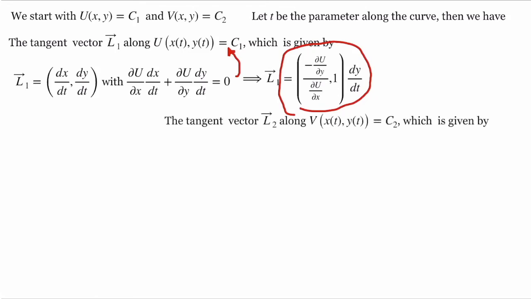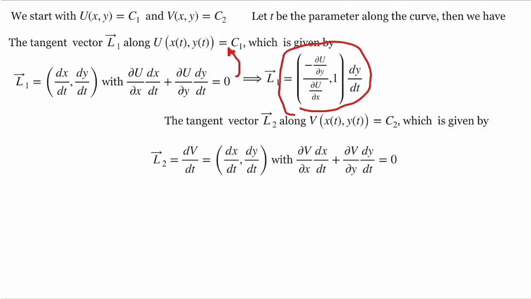Same thing you can do for the tangent vector L2, which is tangent to the curve v(x(t),y(t)) equal to constant. Again we have a tangent vector, (dx/dt, dy/dt), and since v(x(t),y(t)) is equal to constant, we also have dv equal to 0, explicitly dv/dx times dx/dt plus dv/dy times dy/dt is equal to 0.